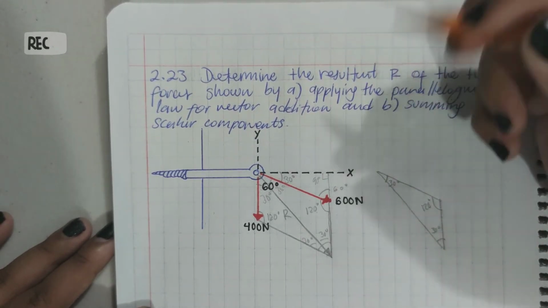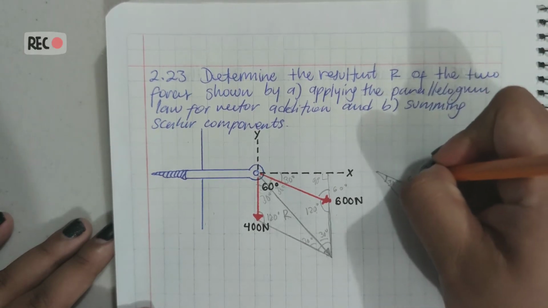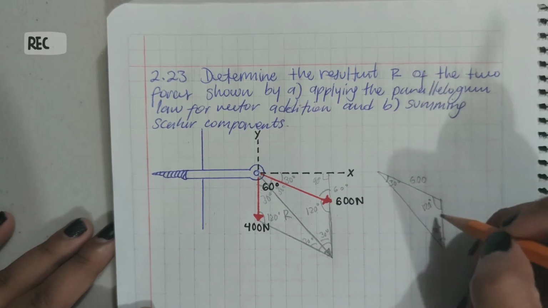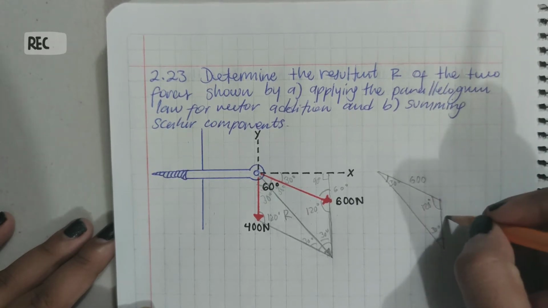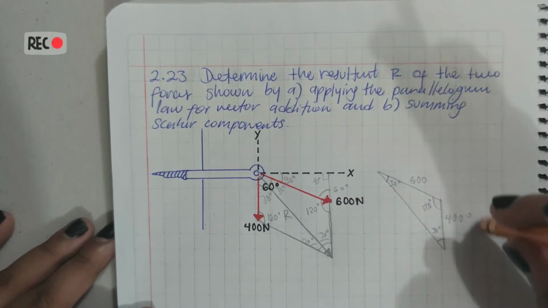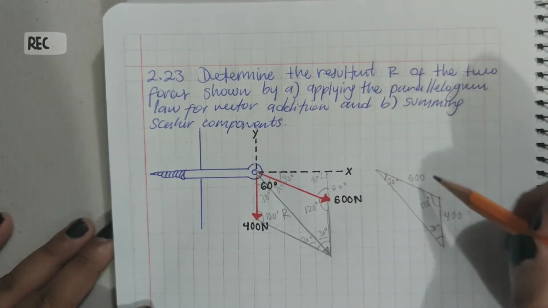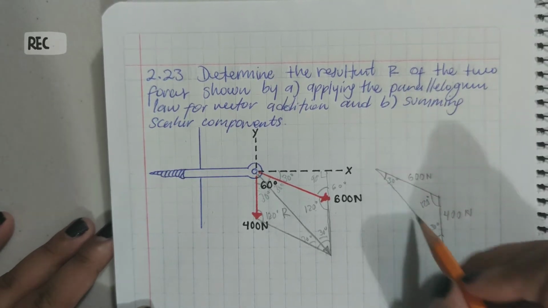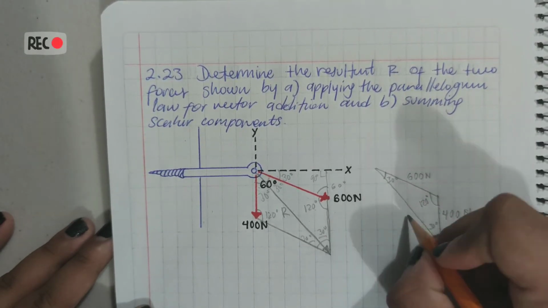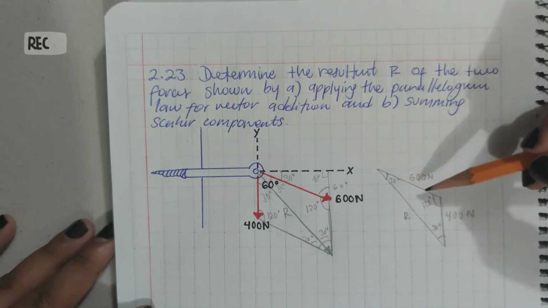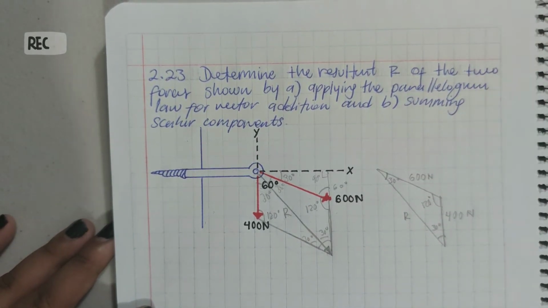This side is represented by 600 and this one here is equal to 400 newtons, and this side is the R force representation, that is the resultant force of the sum of these sides.